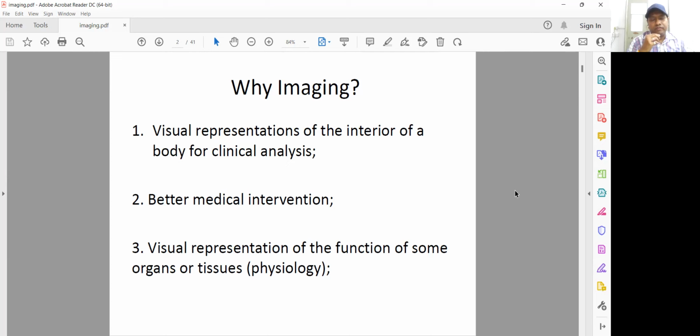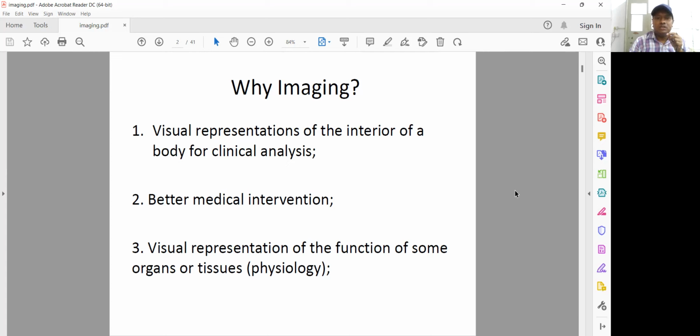And next, after detection of how big or how deep that particular tumor is, better medical intervention is possible. Unless the physician knows its depth and the penetration of the cancer cell, the physician cannot treat the severity of the infection.